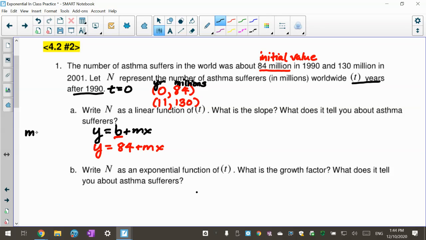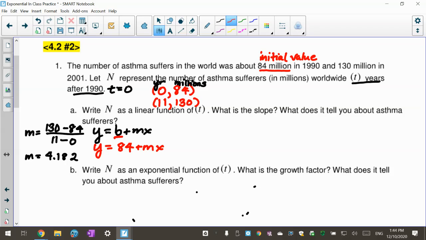So I'm going to do my slope is my change in my y's over my changes in my x's. And I'm going to go bottom up. So I have 130 minus 84 all over 11 minus 0. And when I do that, I get my slope to be 4.182. All right. I'm not using a fraction this time because I want to know per year what the slope is.